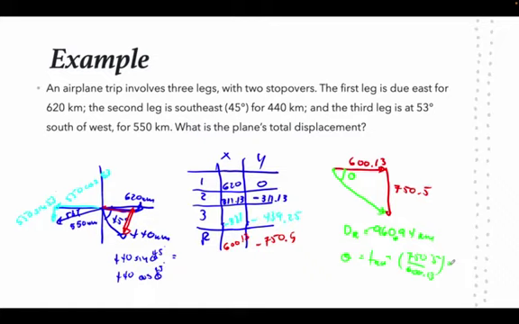Inverse tangent of that gives me 51.35 degrees south of west. So the plane's total displacement is 960.9 kilometers at negative 51.3 degrees.